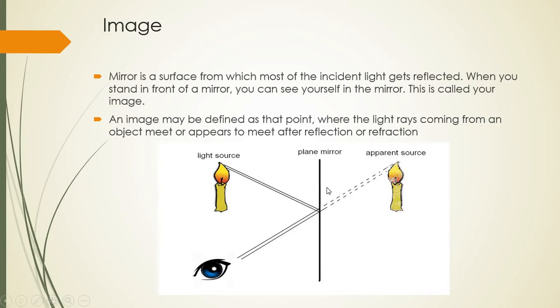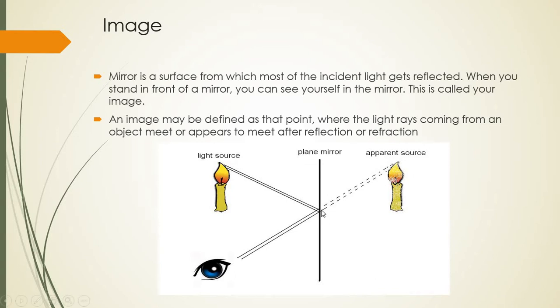In the case of this plane mirror, reflection takes place, the bouncing back of light. After reflection or refraction, the reflected or refracted ray appears to meet at a particular point, or actually meets at a particular point. Where they meet, at that point the image is formed.